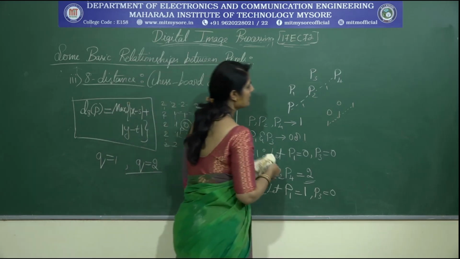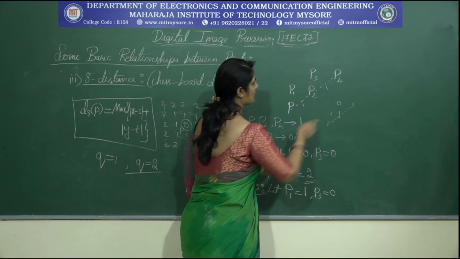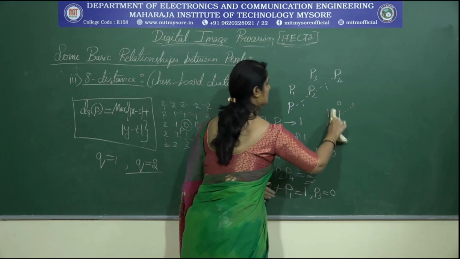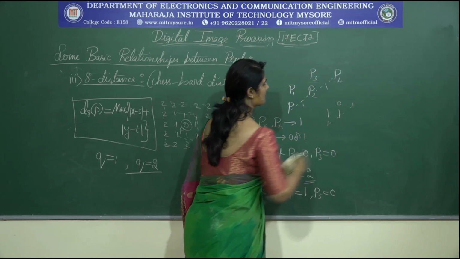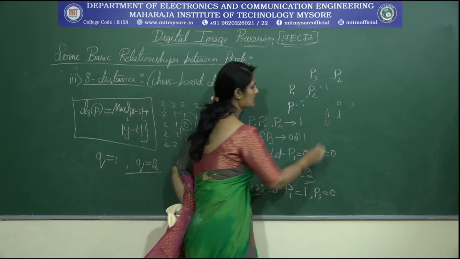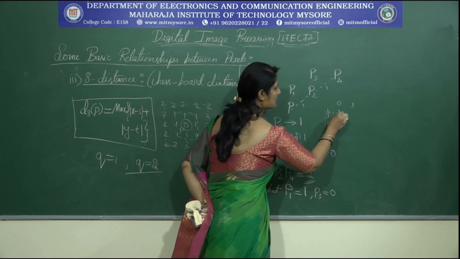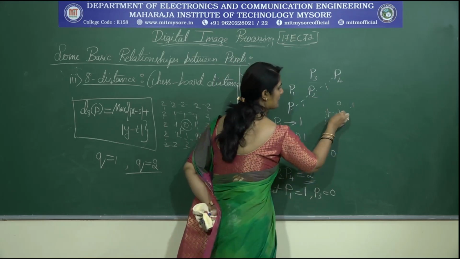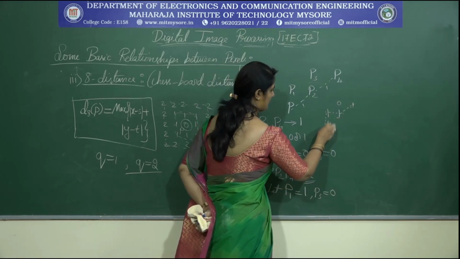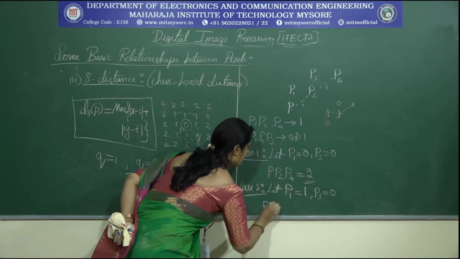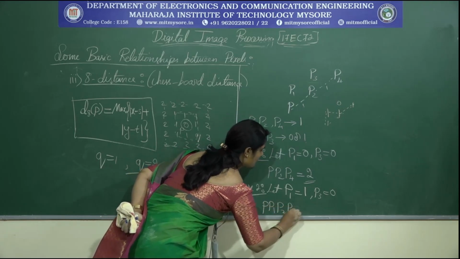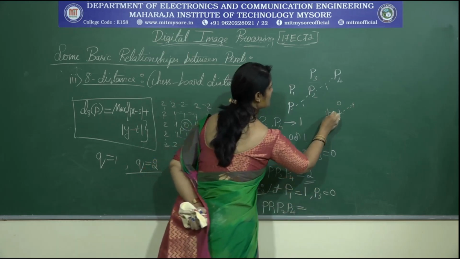Now if this P1 is equal to 1, to find out the shortest path, this is 4 adjacent to this P and this is 4 adjacent with this, and this is 8 adjacent with this, therefore the path is like this: P, P1, P2, P4, and the distance is 1, 2, 3.